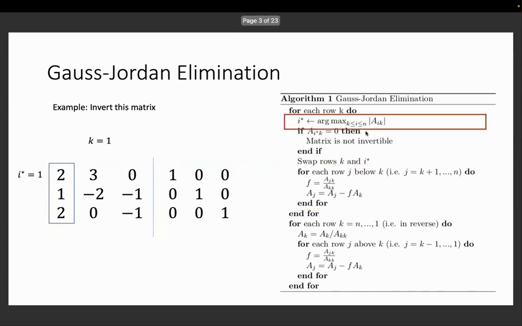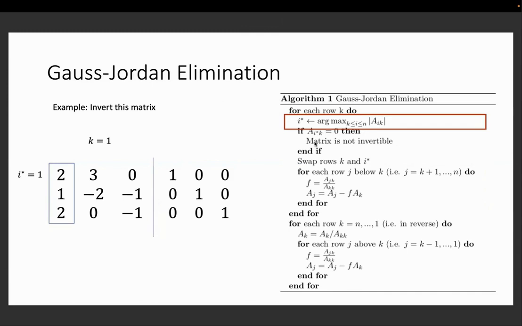Then we check whether this element A i star, k, which is A1,1, is equal to 0 or not. A1,1 is 2, and it's not equal to 0.